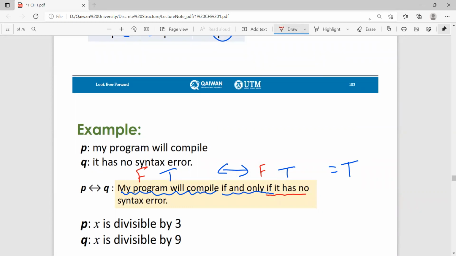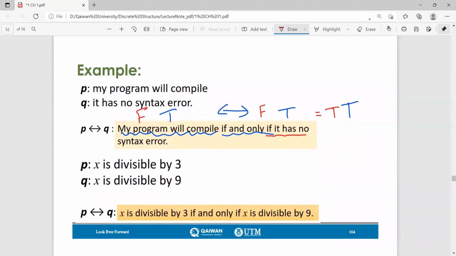And also false if and only if false is true. So in both cases, if the program compiles it means it has no errors. So if the program will not compile it means there is some syntax error. That's why the program doesn't compile.